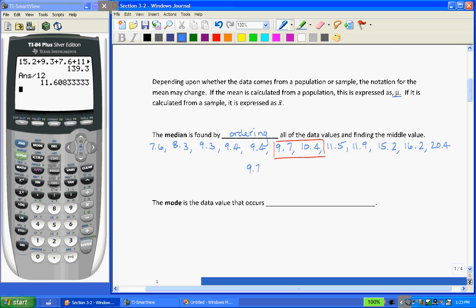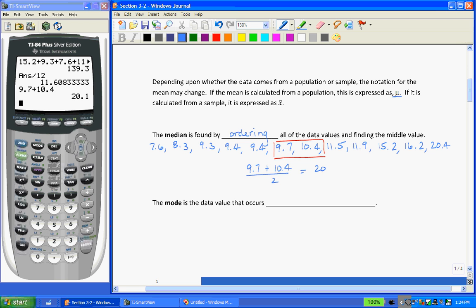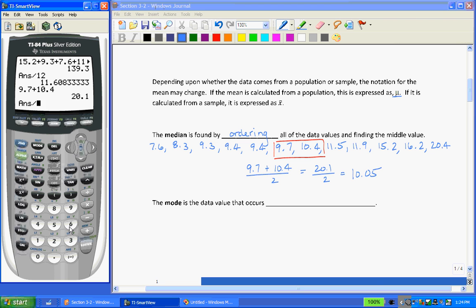So we'll average those two together, 9.7 plus 10.4 divided by 2. So we get 20.1 divided by 2, which should be 10.05. So the median, which is halfway in between 9.7 and 10.4, is 10.05.